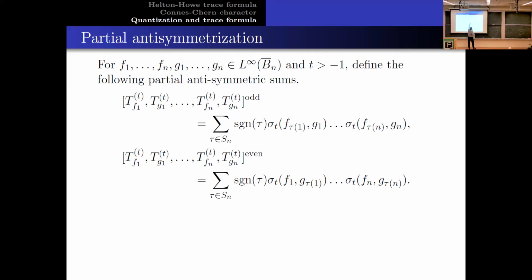For the first part, we do the antisymmetrization on the first component, like the odd component, the F component. And then for the second type, we do the antisymmetrization on the G part. We don't change F. It turns out such an antisymmetrization is enough to get a trace class operator.